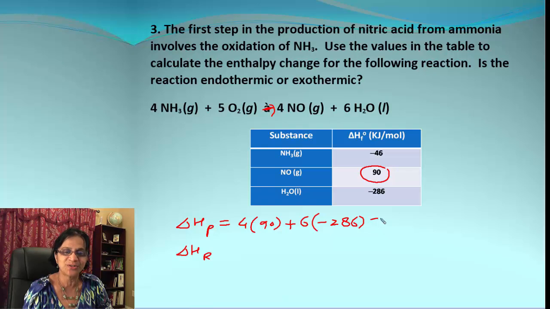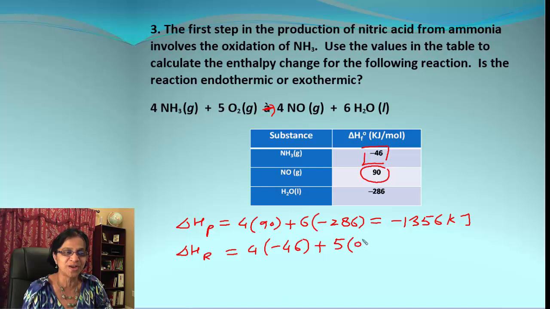So we multiply those, and that one comes out to be negative 1356 kilojoules. Then for reactants, we got 4 moles of ammonia, and for ammonia it is negative 46. And the second reactant is oxygen, for which the heat of formation must be 0. And the total for this is negative 184.